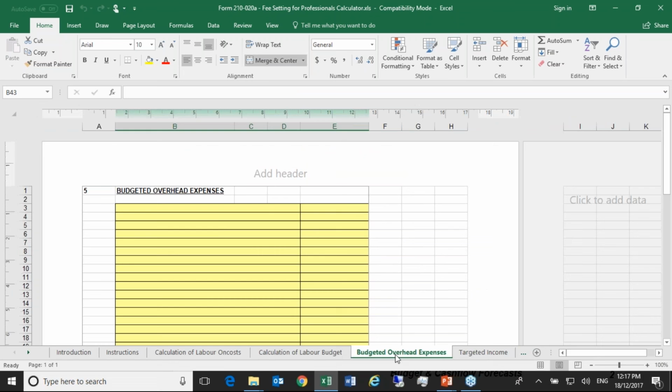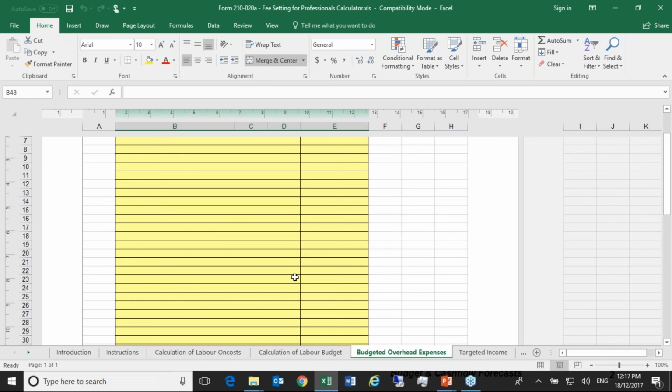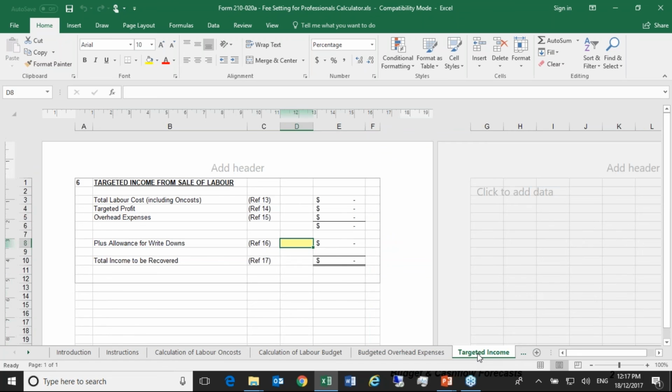We then have the budgeted overhead expenses, which you will have to insert. And then we have the targeted income from sale of labour. Obviously, we've got the cost of labour, including the on costs. The targeted profit that the business has set has been entered, and the overhead expenses are added in.